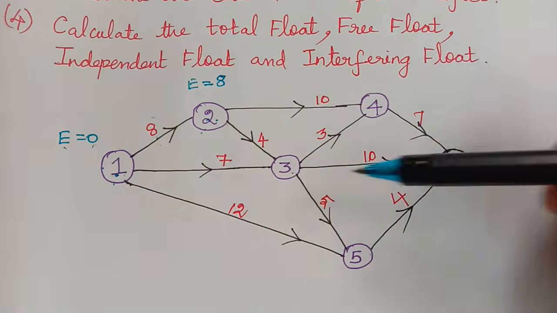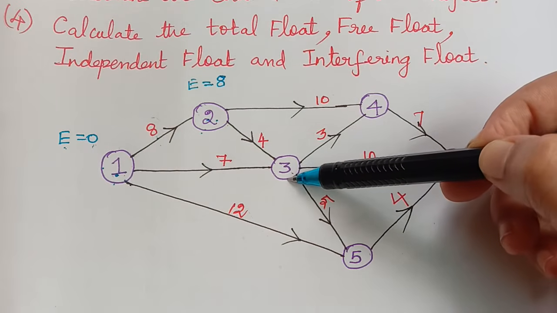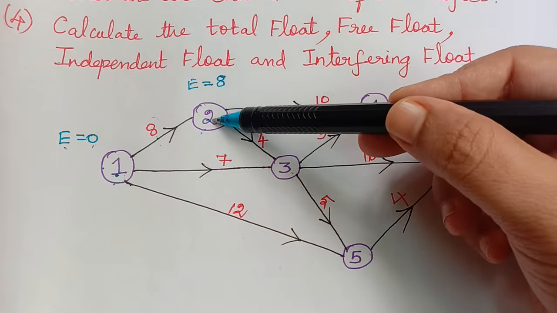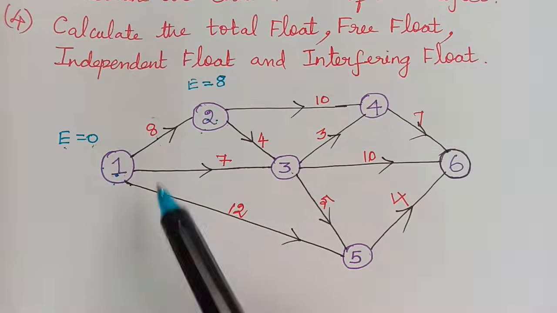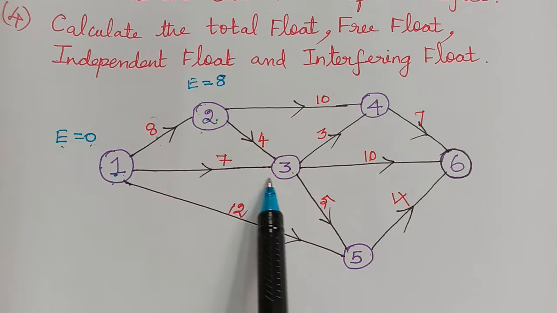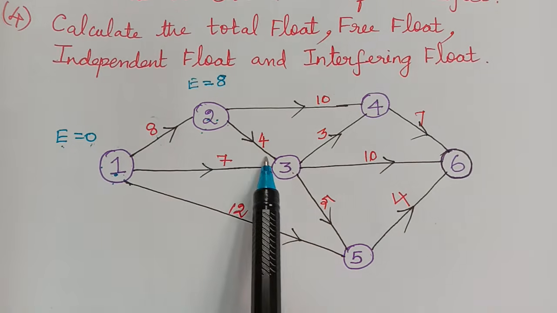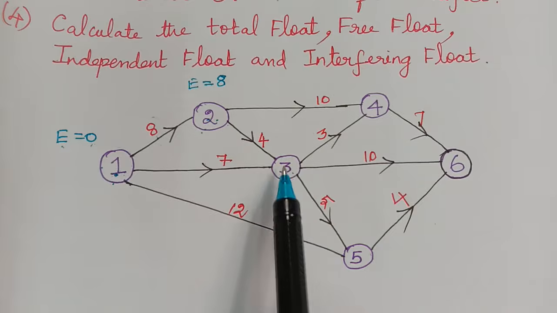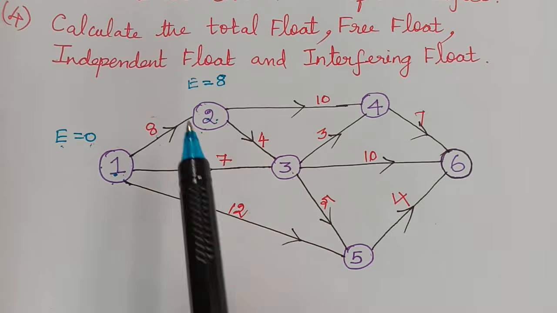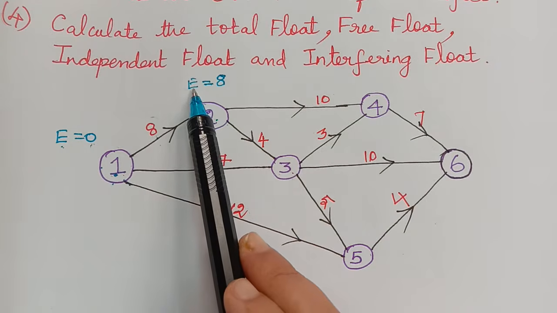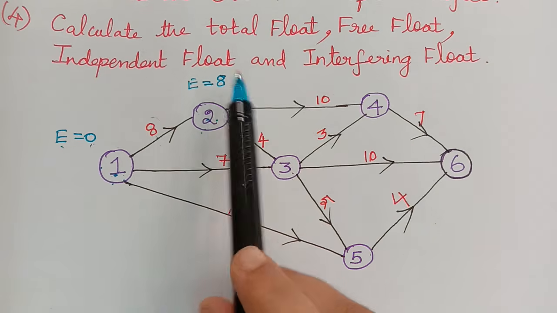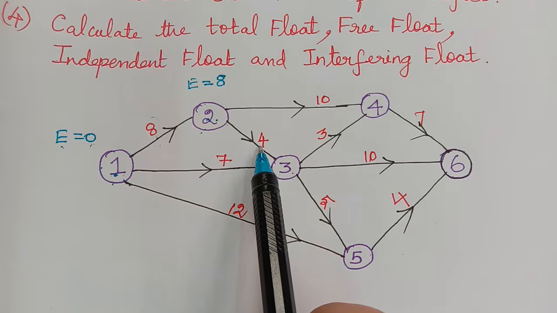Next we shall move on to the event 3. For this event, there are two activities: an activity from 2 to 3 and also an activity from 1 to 3. So there are two arrows which come into this event. In that case, we should choose the maximum. The occurrence for the event 2 is 8, so 8 plus 4 is 12.